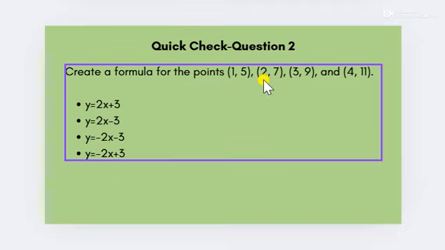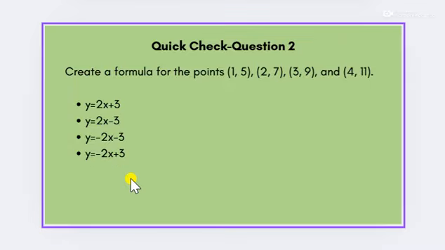Then you need to figure out the y-intercept by taking a pair of points, like this one, and plugging it into your formula of y equals 2x plus b. So you'd have 5 equals 2 times 1 plus b, get b by itself, and you have this point, which is obviously going to be 3.